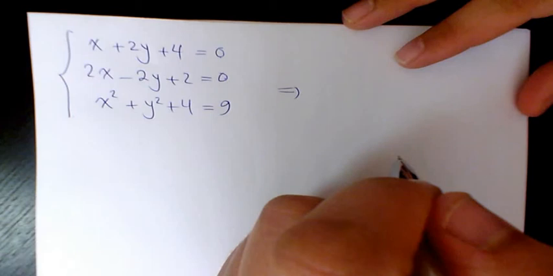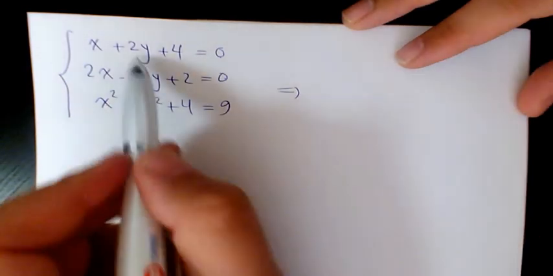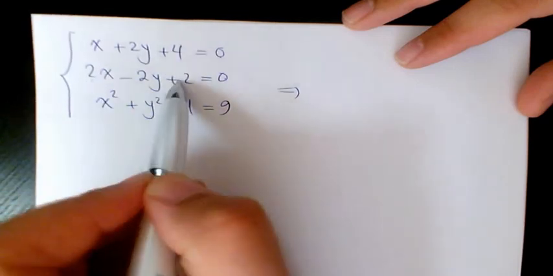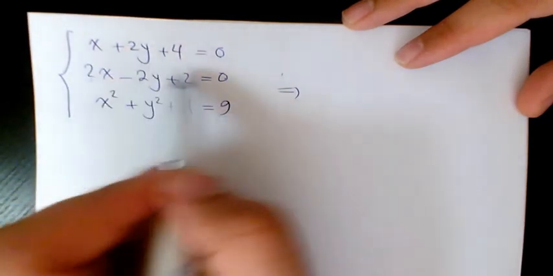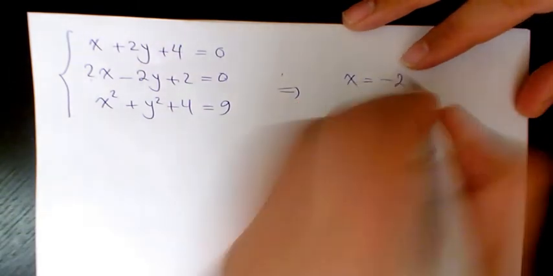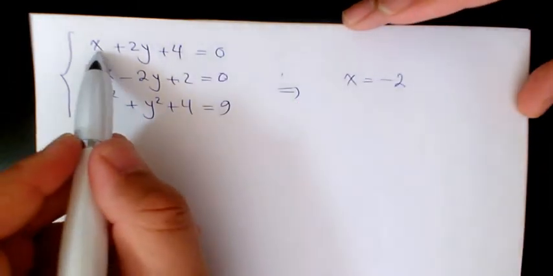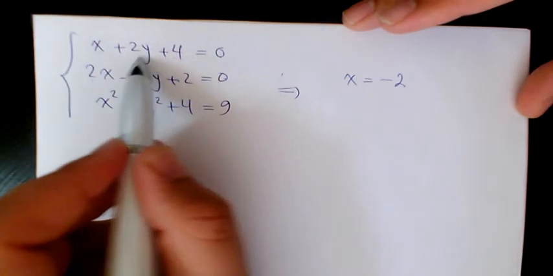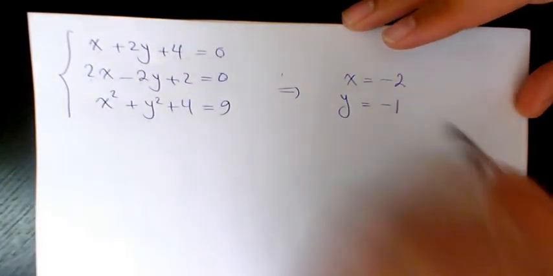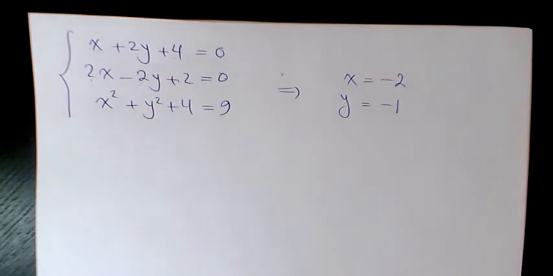When you add these two, it's going to be 3x plus 6 equals 0. It means that 3x equals negative 6. So x equals negative 2. When you substitute it there, negative 2 and 4 is going to be 2. You move it there. y is going to be negative 1. So that's going to be the answer to this question.